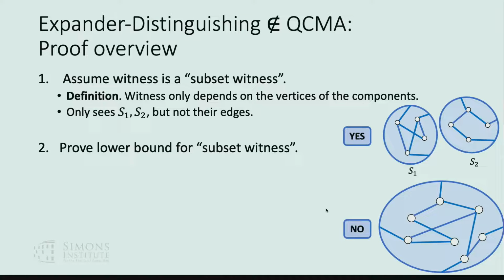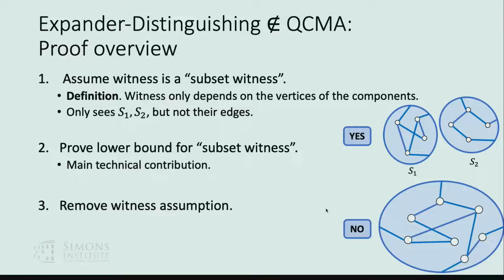And then we're going to prove a lower bound for the subset witness. This is the main technical contribution. It actually has some very nice results in there. And then we're going to remove the witness assumption, which is what we're going to focus on here. And this is where we're going to need the distribution and oracle. This is when I said the part of the proof we don't know how to do, and we're going to use the oracle to fill it in for us.